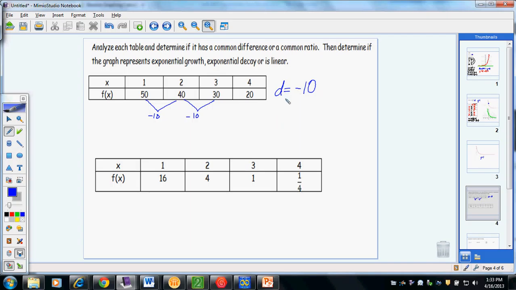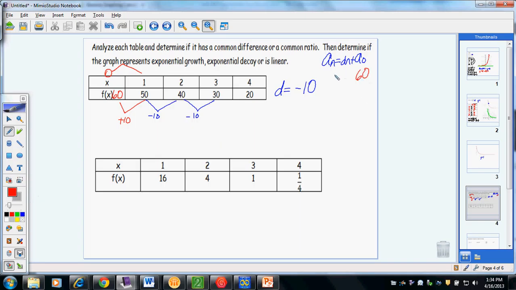Okay, now if you think about it, when we did sequences, we knew that a sub n equals dn plus a sub 0. So if I was to back up one position to the 0 term, instead of subtracting 10, I would add 10 to go back this direction, and I would have 60. So then my a sub 0 term is 60.